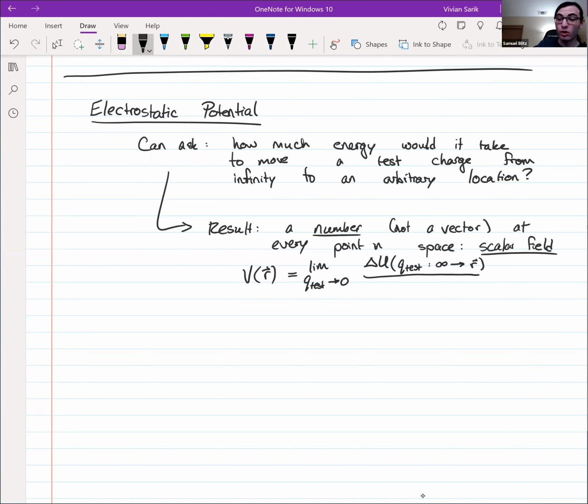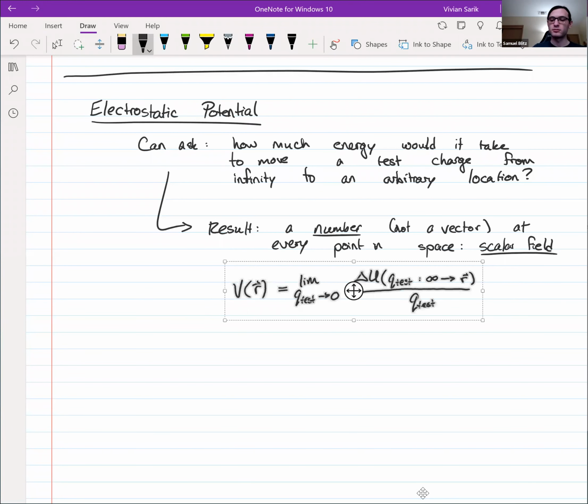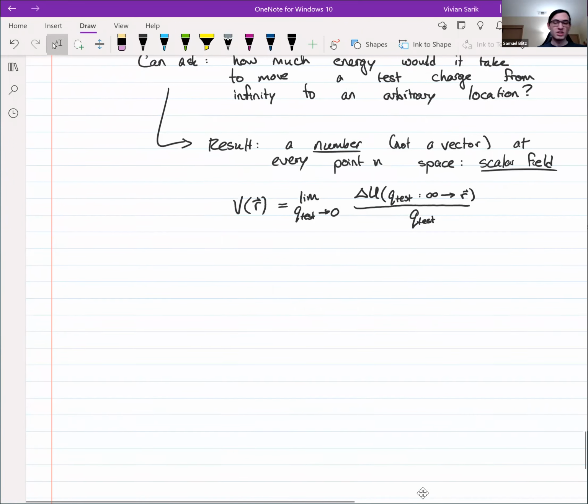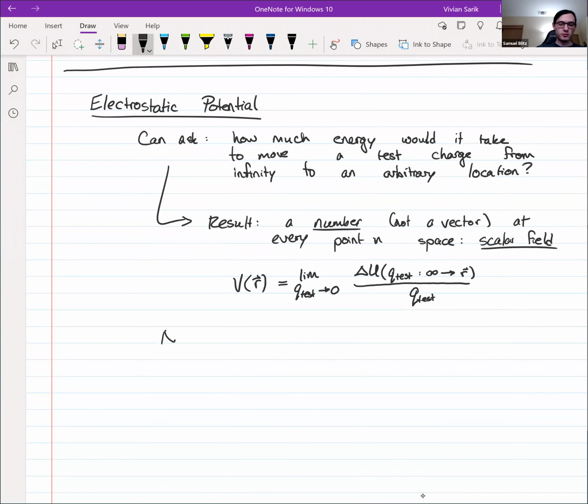And then we just divide the energy by the test charge. Let me move this down so it has a little bit more room to breathe. So this is how we define voltage. That's what this V stands for. So just as a quick note, though, this V is not potential energy.